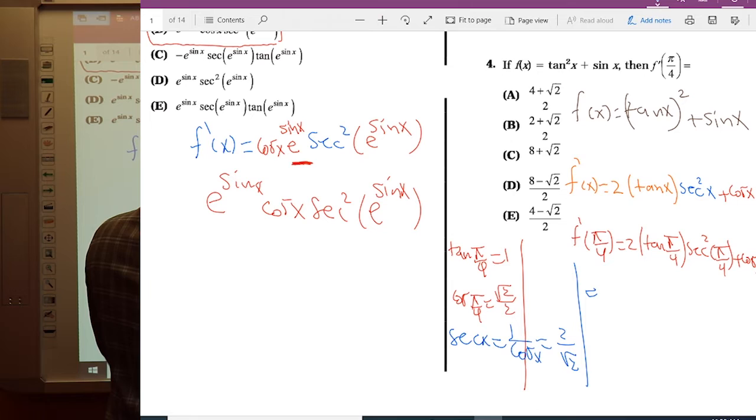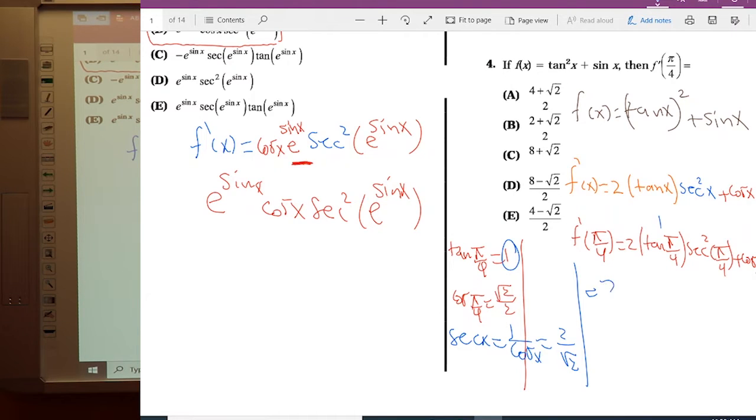The secant is the reciprocal of the cosine. 2 times 1, 2, this one, 2. And secant square, you square this. When you square this, 2 square is 4. When you square the square root of 2, square root of 2 square equals 2.